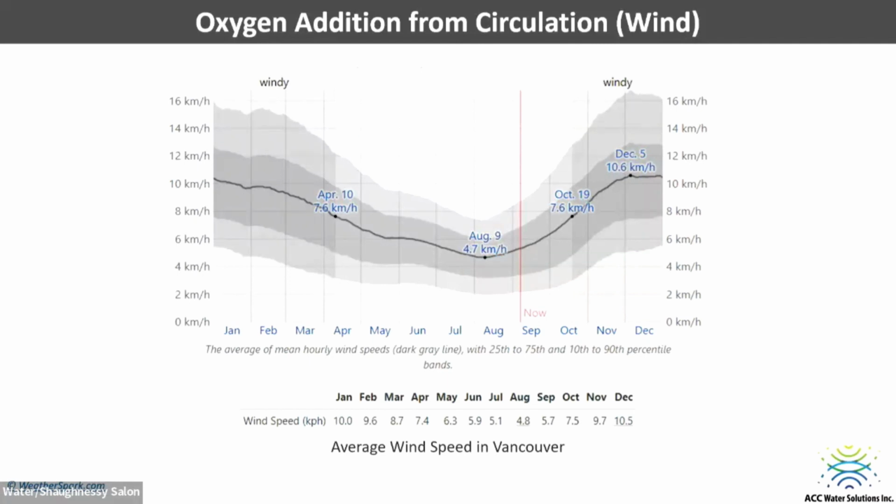And when we actually need oxygen during the summer months, like June, July, and August, wind speed is low. So basically the compressor needs to put in more air in the summer months compared to winter to get the same level of oxygen, because in winter the higher wind speed can add more oxygen and help on the aeration side, but in summer it's not like that.